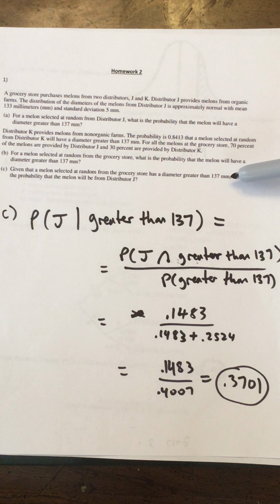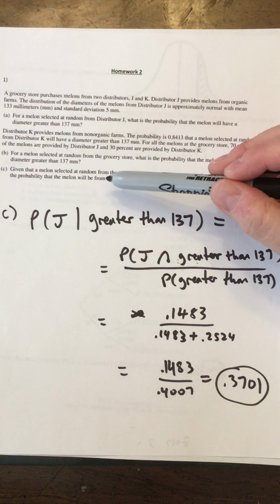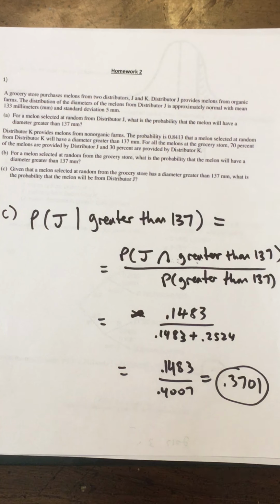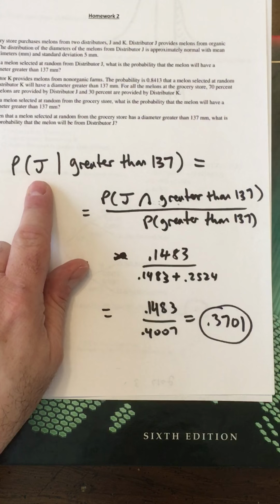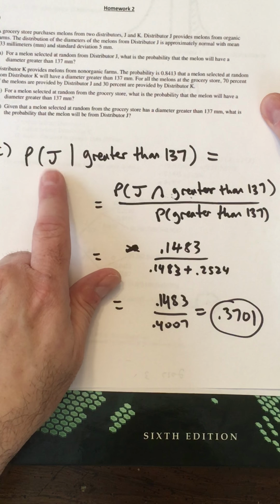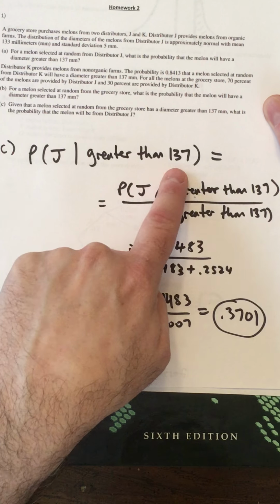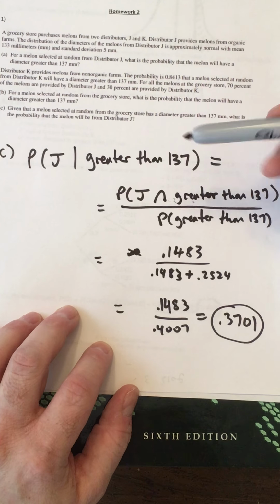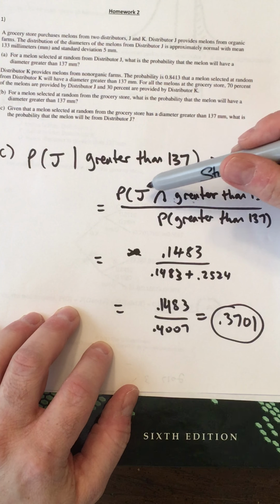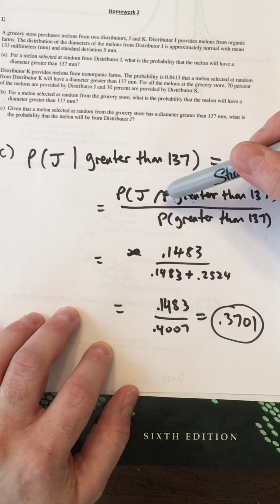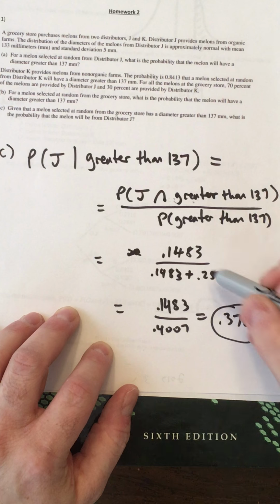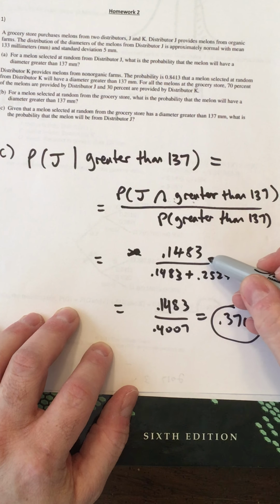Part C says, given that a melon selected at random from the grocery store has a diameter greater than 137 millimeters, what's the probability that the melon will be from distributor J? So this is a conditional probability. What's the probability that the melon will be from J, given that it's greater than 137? If you remember conditional probability, at the top, the numerator is going to be the probability that it comes from J and is greater than 137. That's 0.1483.